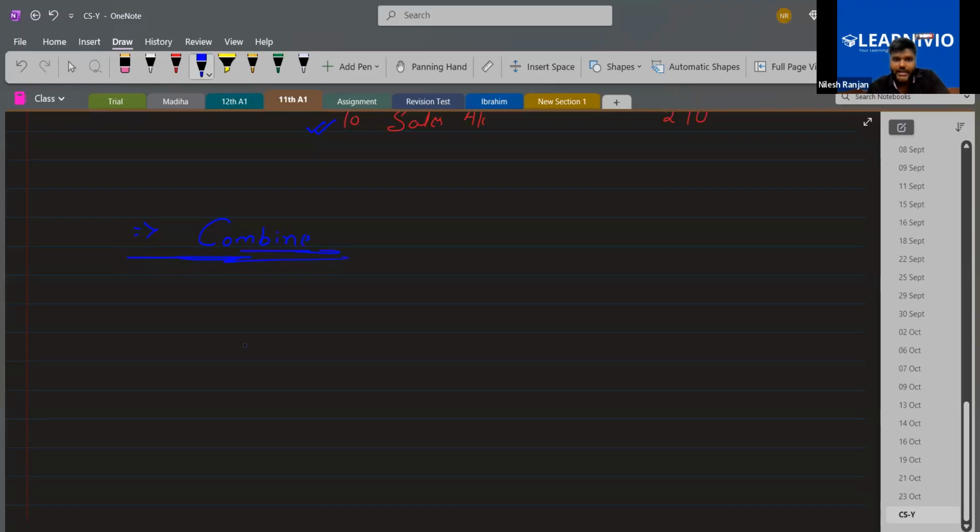Whenever we combine two entries, you have to find the common account in both entries. Which entries you are combining, you have to see: is there any account common in the first and second one both?